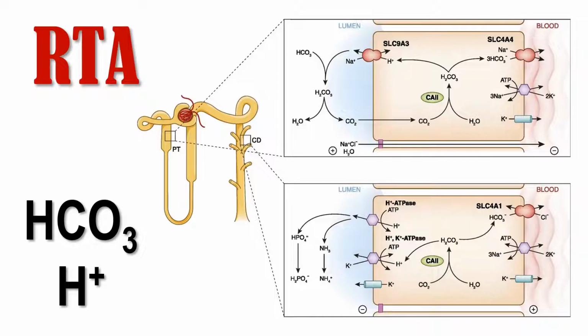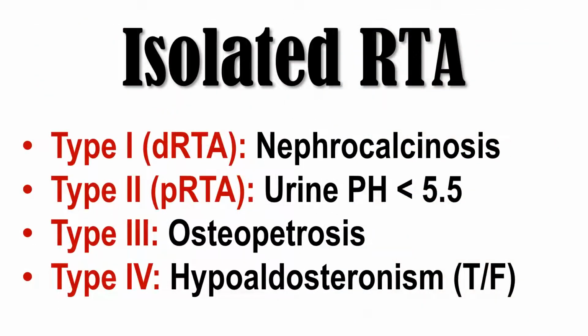Renal tubular acidosis has two main types. One is the proximal and one is the distal. The proximal one is due to defective bicarbonate reabsorption, while the distal one is a defect in secretion of hydrogen ion. And we have four kinds of renal tubular acidosis. The distal one is associated with nephrocalcinosis.